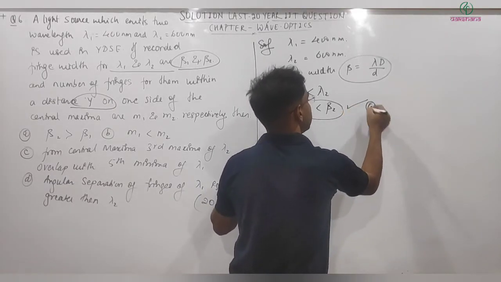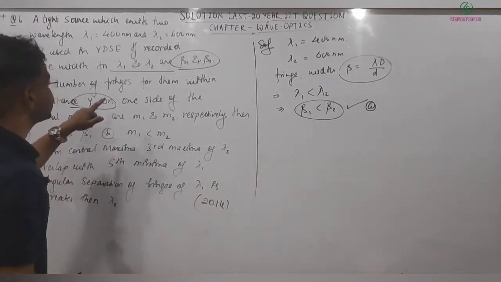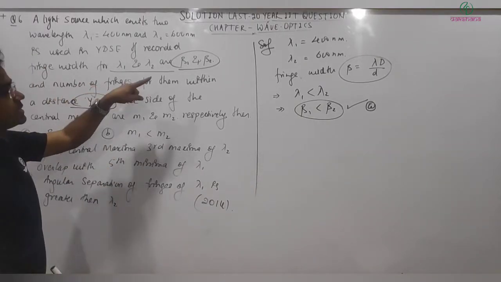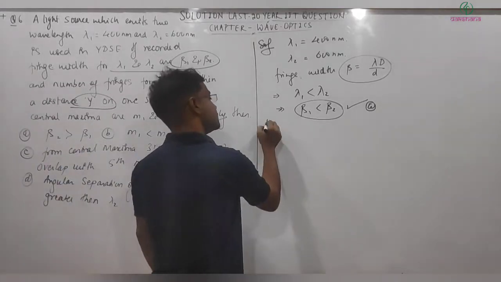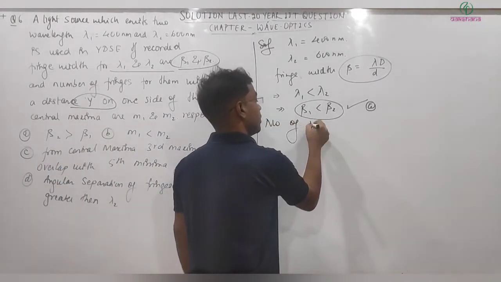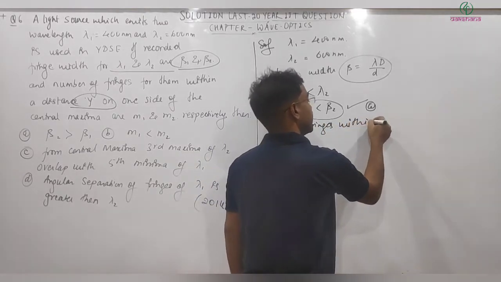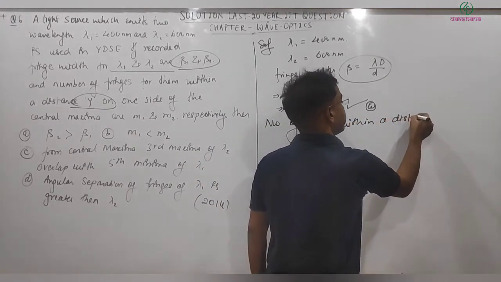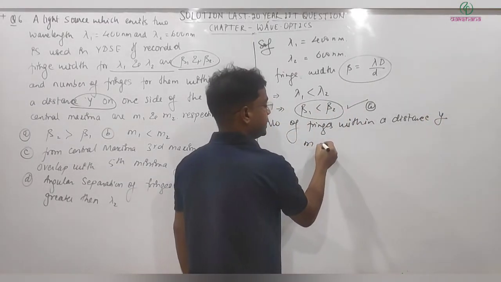First A is right. Next is m1 and m2, and it's saying number of fringes for them within a distance y. So number of fringes within a distance y, m equal to what?